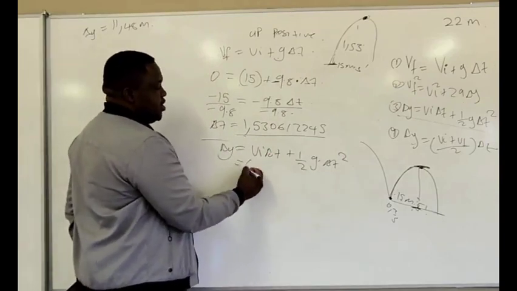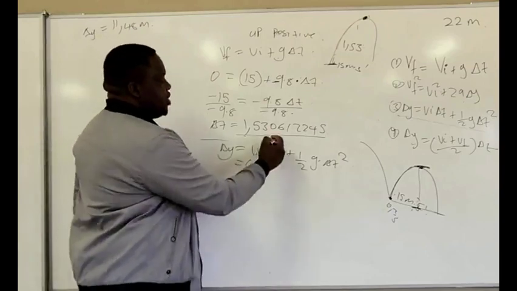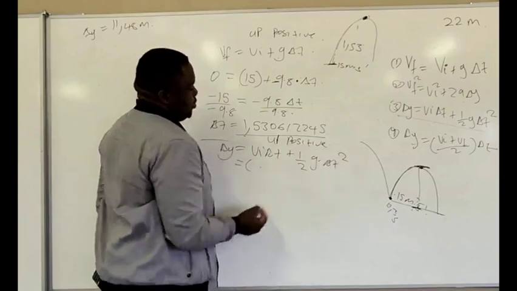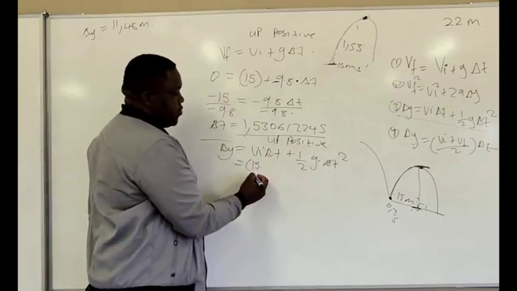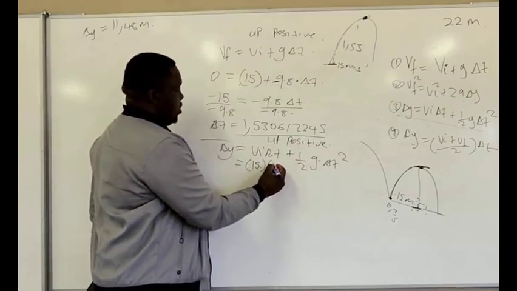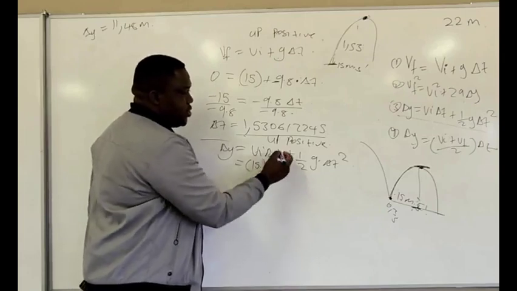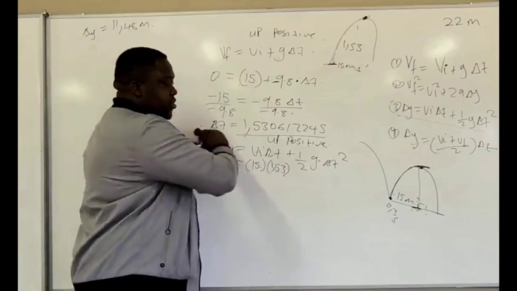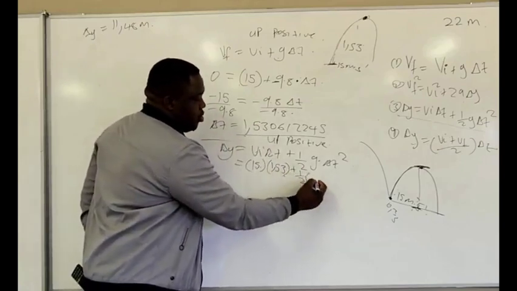Initial velocity, we're taking up as positive. Then initial velocity is going to be 15. Then the time is going to be, what did you get? It's going to be 1.53. So notice you can write it as 1.53, but when you punch on the calculator, you punch all the numbers. Then plus 1 over 2.